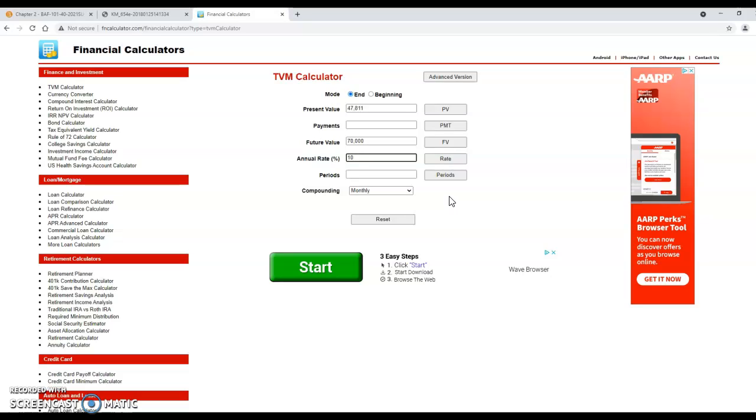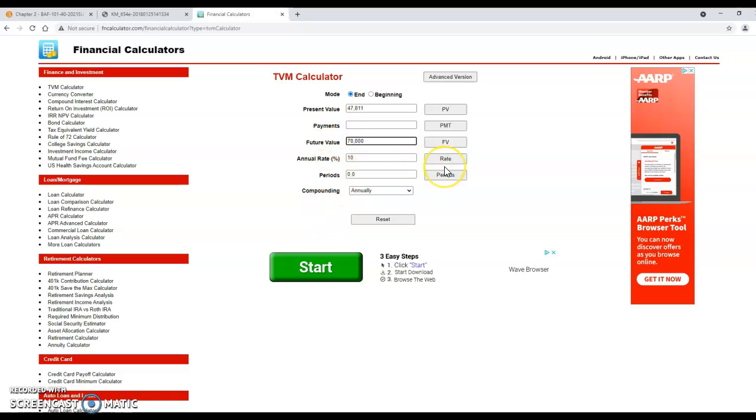Now, the thing is, remember when we were working with the FV or the PV, we'd have our answer come out with a negative. And we have to do the same thing here, okay? So otherwise, if I forget and don't put in the negative and I hit this periods button, it comes out 0. It's like, it doesn't know what to do, okay?